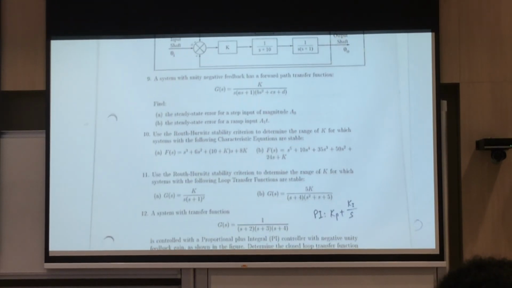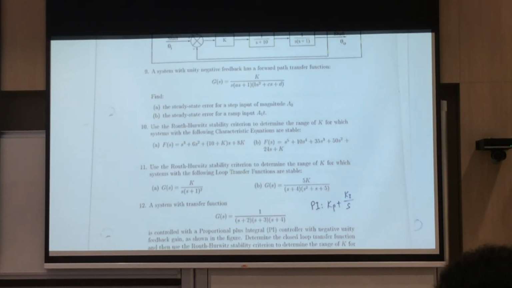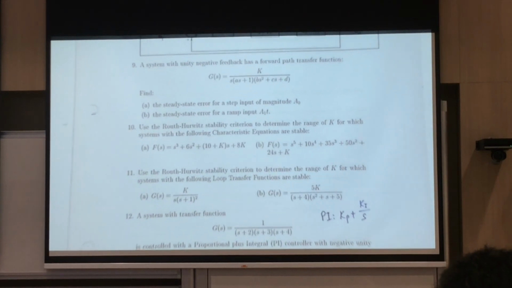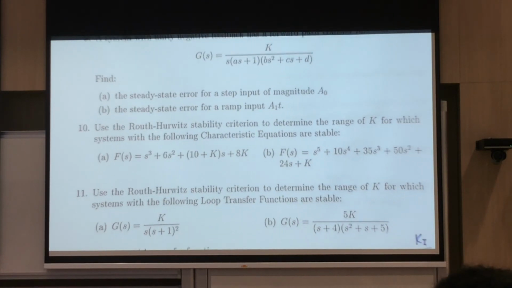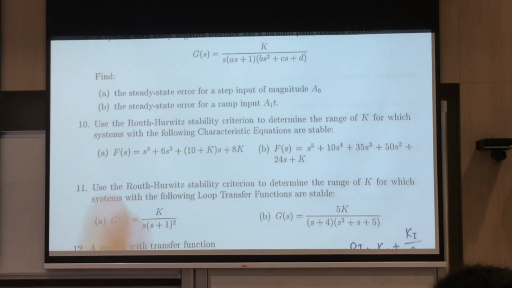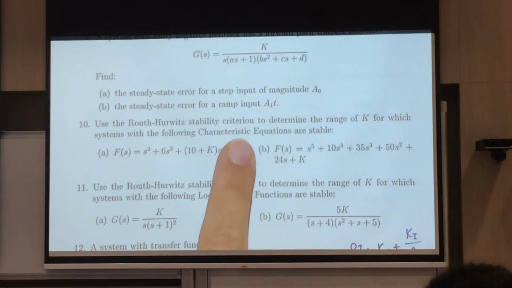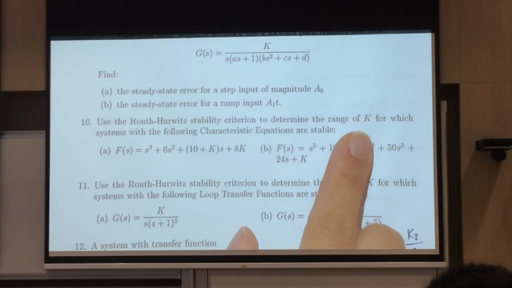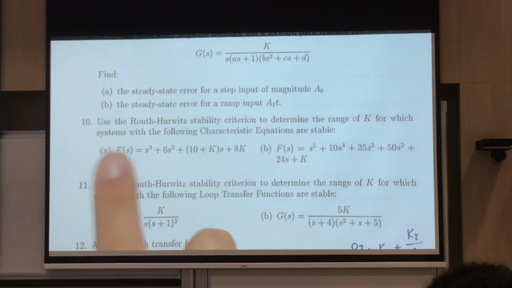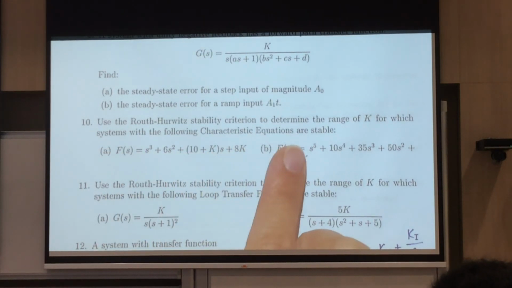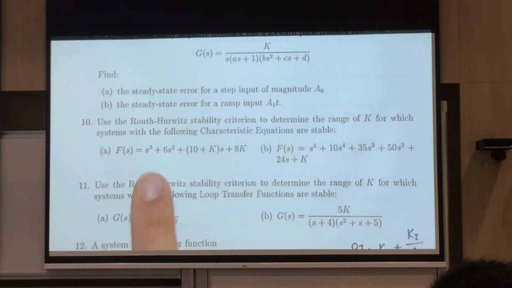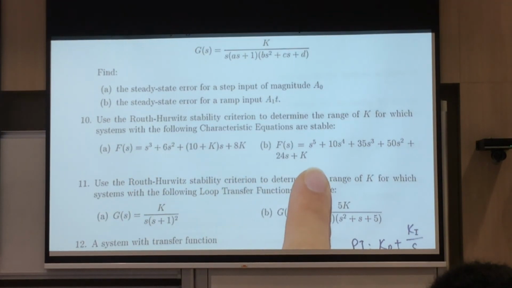Take for instance question 10. Use the Routh-Hurwitz stability criterion to determine the range of K for which systems with the following characteristic equations are stable. They already gave you the equations. Straightforward. Third order, fifth order.